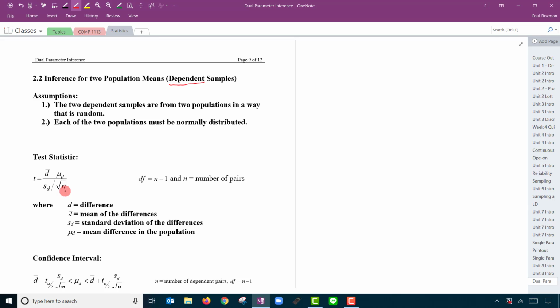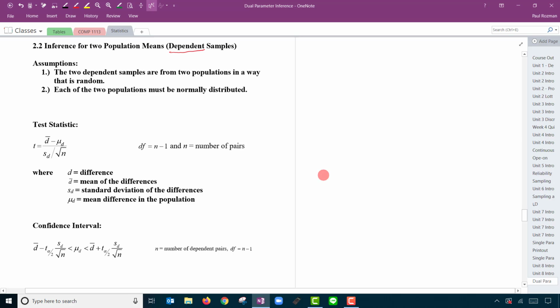So we're basically going to calculate the differences before and after, say, we do something. So my weight before the diet and then my weight after the diet, we subtract the two and we get a difference, and then we just study that single variable, called d for difference. That single variable has a mean, that single variable has a standard deviation, and we're interested in the mean difference for the whole population.